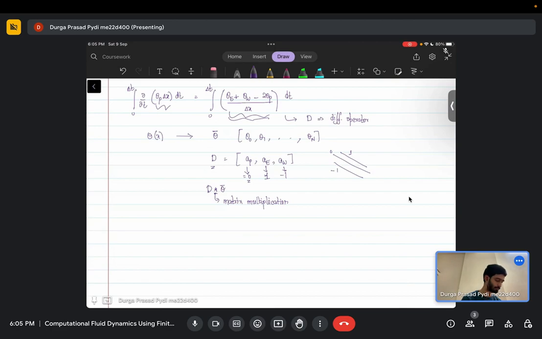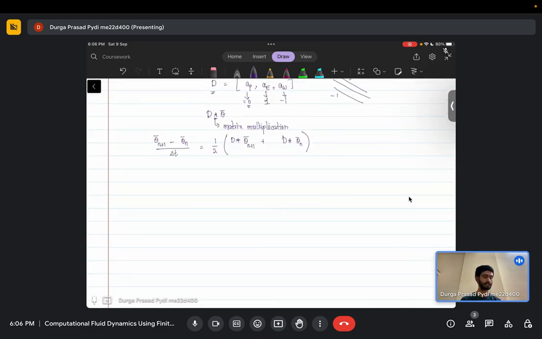So on the LHS we will have theta bar calculated at n plus 1 minus theta bar at n, by delta t, will be half of theta bar at n plus 1, plus half of theta bar evaluated at n.